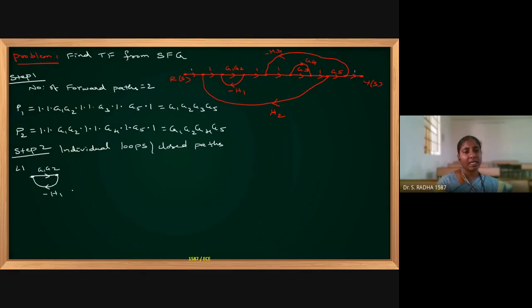This is the first loop. Starting at the same point, traveling for a while, coming back to the same point, a closed loop is formed. So L1, what is the gain? Minus G1, G2, H1. L1 is nothing but minus G1, G2, H1. This is the product of gains in loop 1.